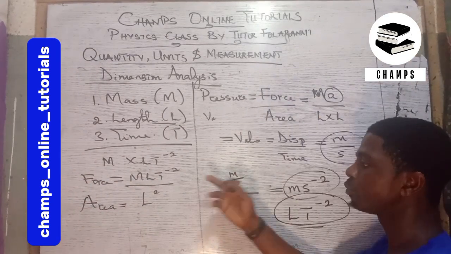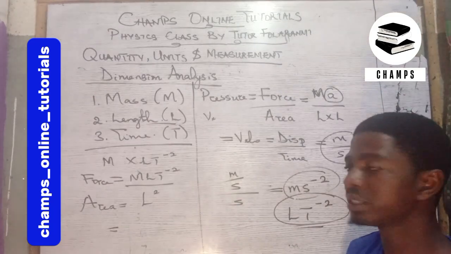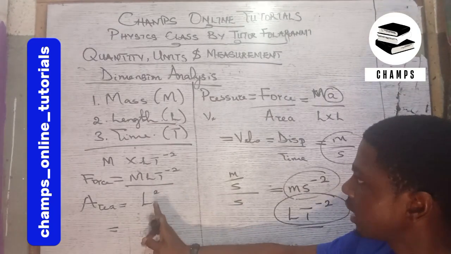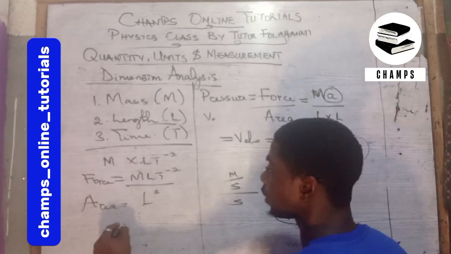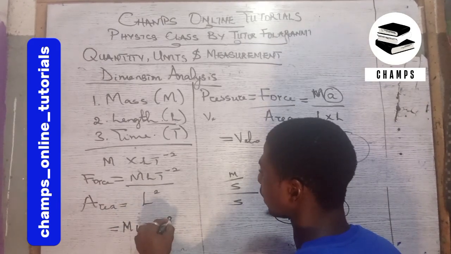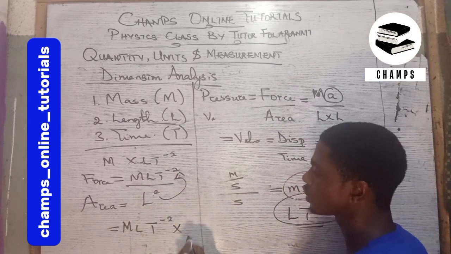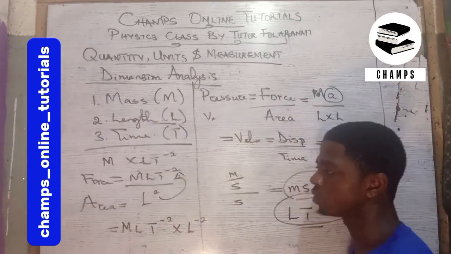Now, since we know what both of them represent, we just do our normal basic calculation. Let's bring this L up. Bringing this L up, we have M, we have LT raised to power minus 2, then multiplied by, carry this one up, this guy is going to change to minus, so we have L minus 2, right?